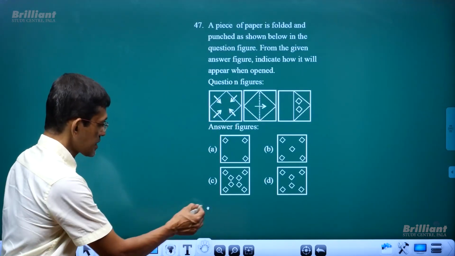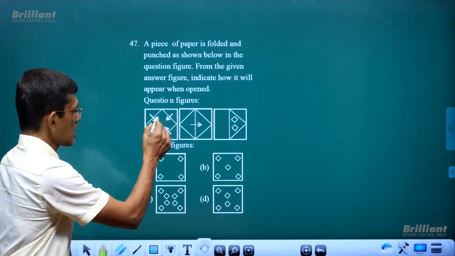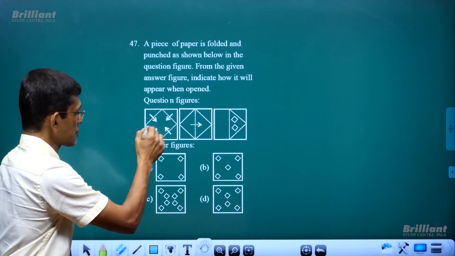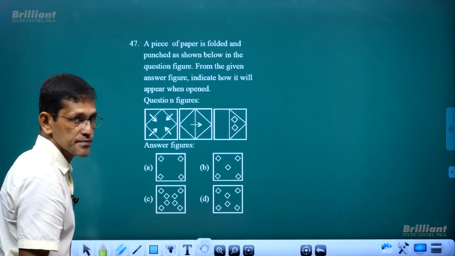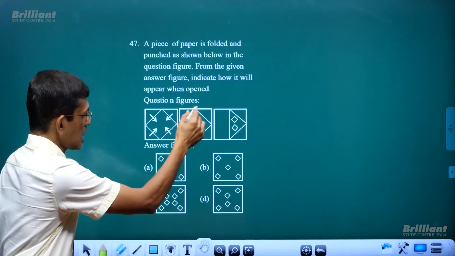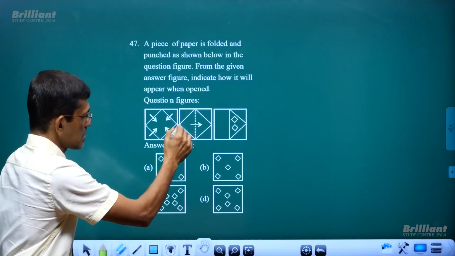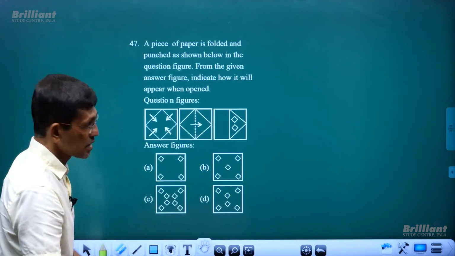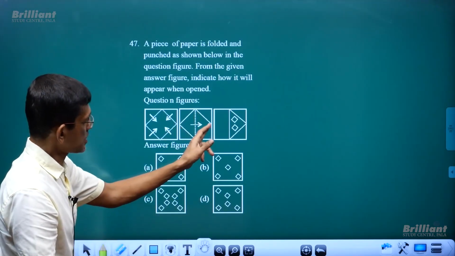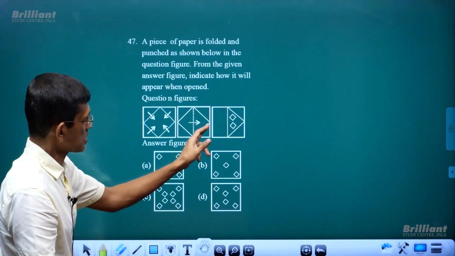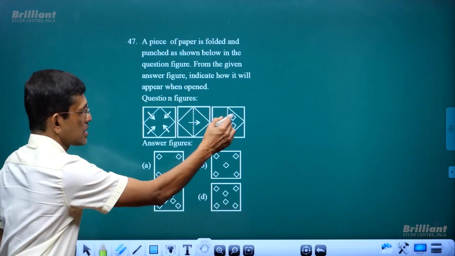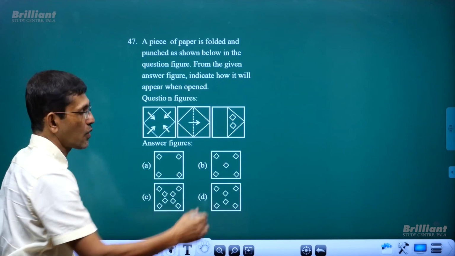And what is after that? Well, if it is folded at the corners, you see a square like this. And that square is folded from the middle. So you get a triangle. And in the triangle part, we have 2 holes at the middle.